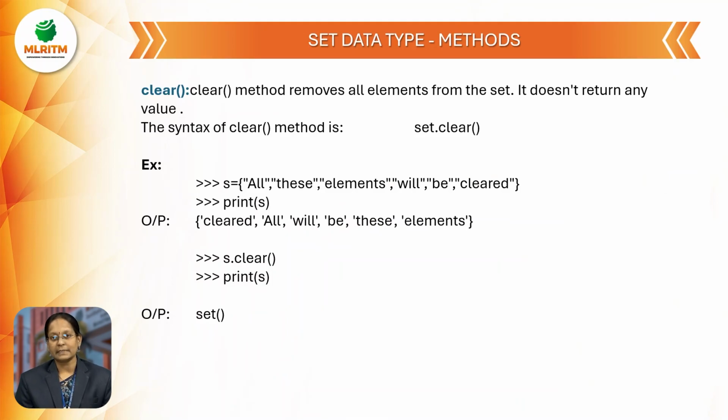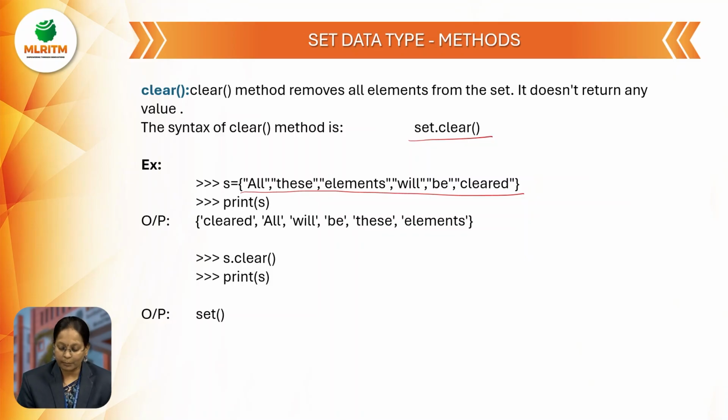The next method is the clear method. The clear method removes all the elements from the set. It does not return any value. The syntax of the clear method is set.clear. For example, S is equal to, here we have some string elements. All these elements will be cleared.